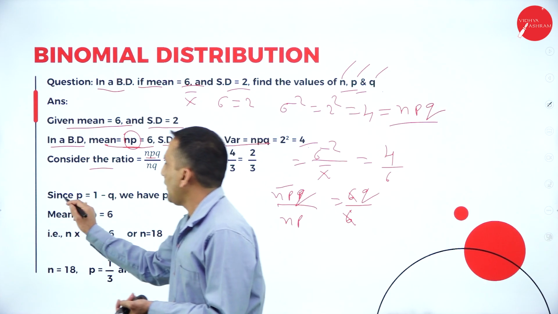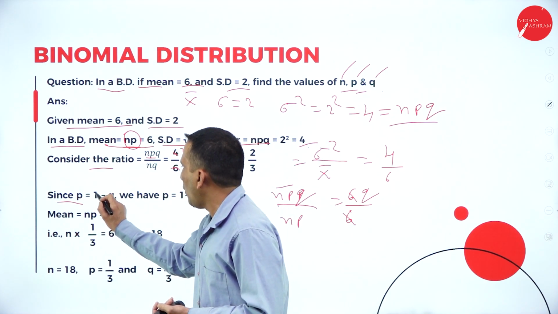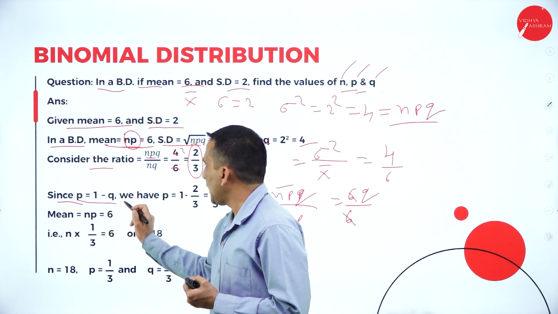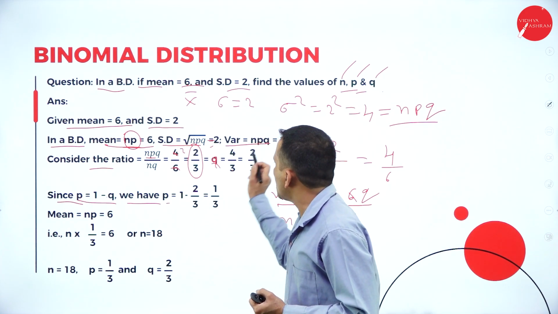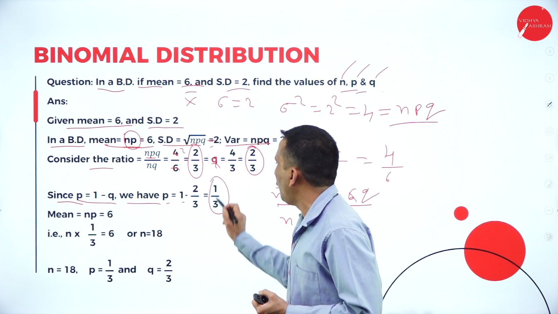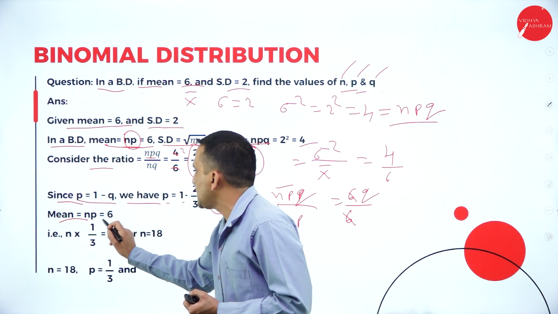Now we can simplify this value because we know P is 1 minus Q. This is just finding the P value. Directly we are writing, yes, P is 1 minus 2 by 3. If you subtract, you get the value 1 by 3. And the mean value which is given in the question is 6.